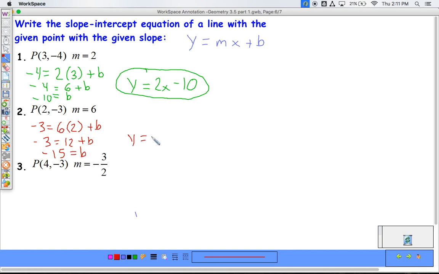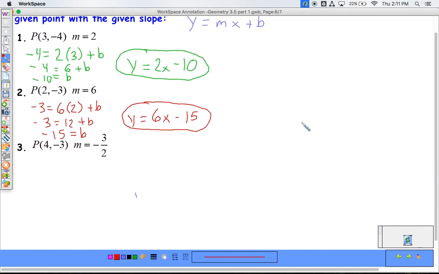And therefore y equals our slope, 6x minus 15. Hopefully, starting to follow along here. You will have fractions to deal with on this assignment. Here's one. It's a little simpler one.